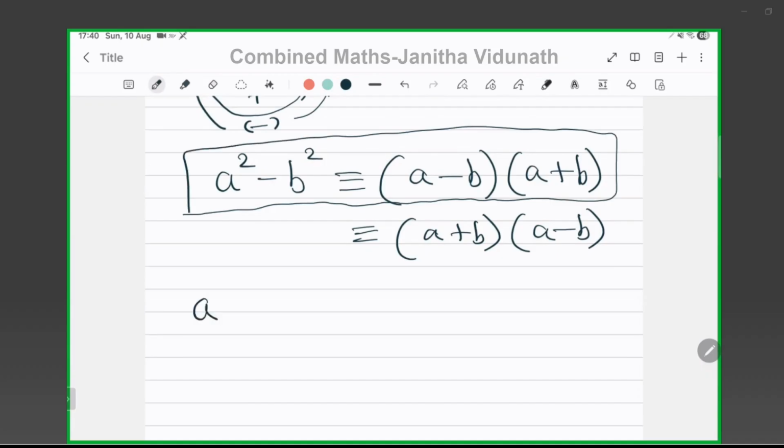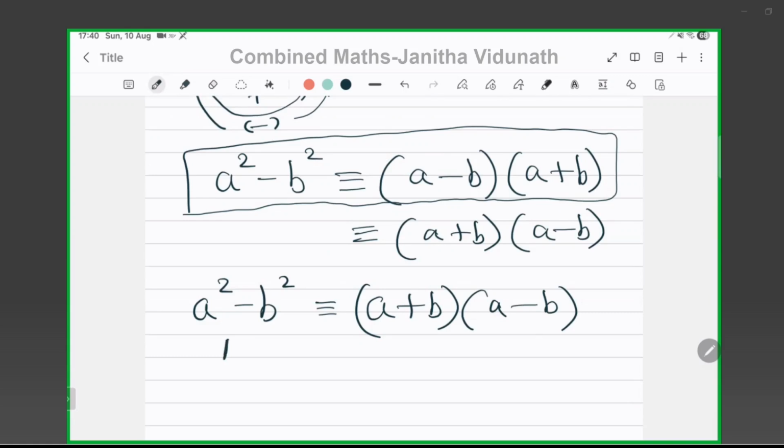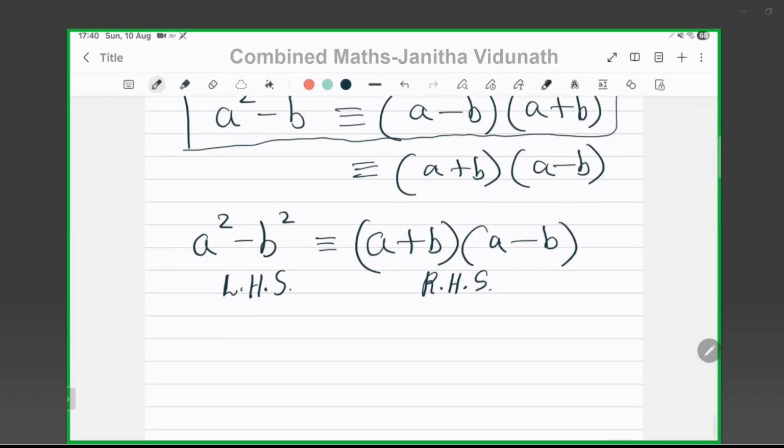We need to prove that a squared minus b squared is equal to a plus b times a minus b. If we consider this as an equation, this is the left hand side and this is the right hand side. We need to prove those two are equal.